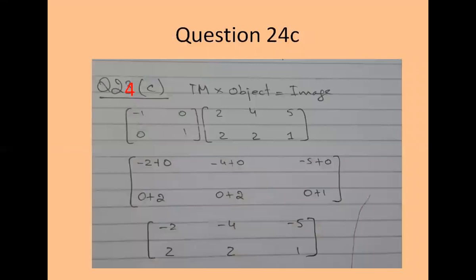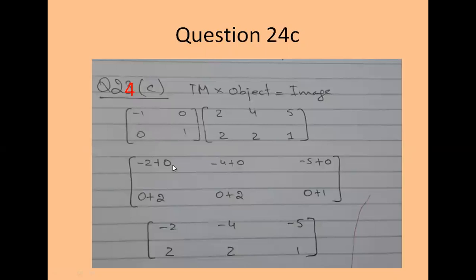Okay, for the triangle T, I will note down the coordinates of its vertices. The vertices of triangle T are 2, 2, 4, 2, 5, 1. So you can see we have written the object matrix here. These are the X's and these are the Y's. Just multiply them. From here, I take the rows, from here, I take the columns. I multiply with each other, the first with the first plus the second with the second.